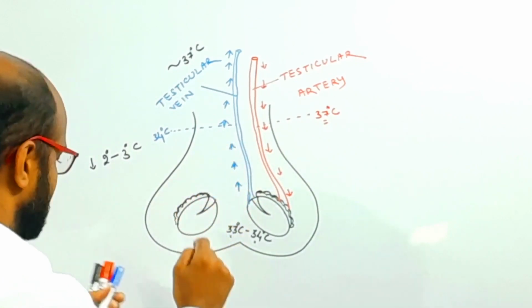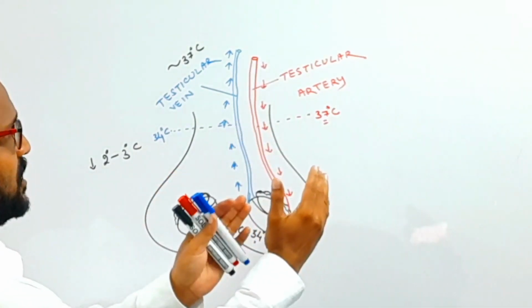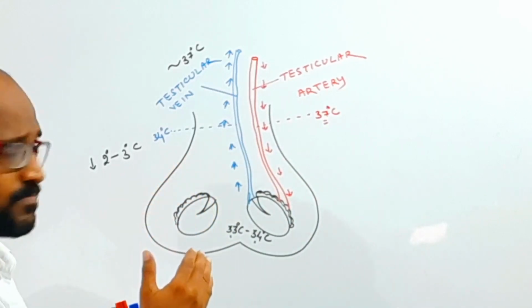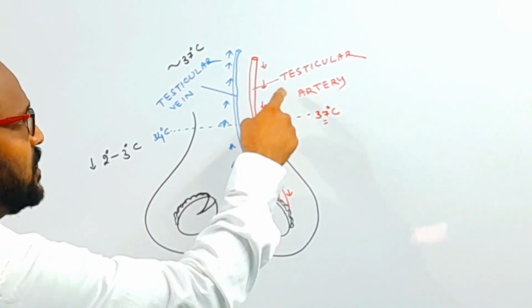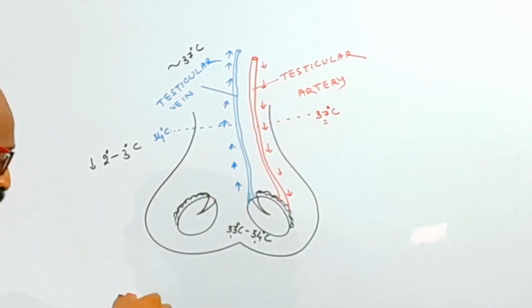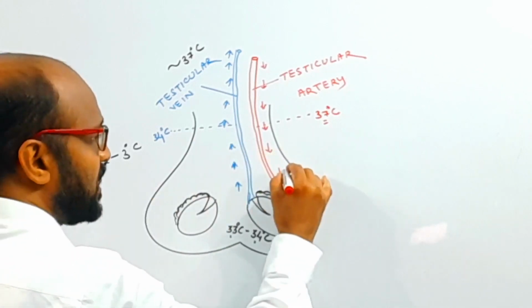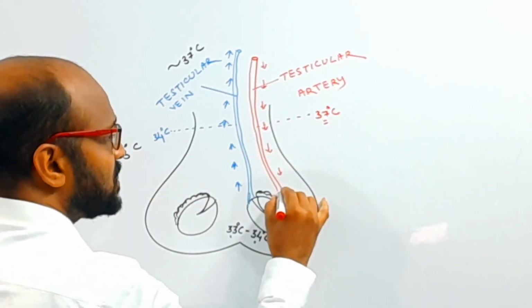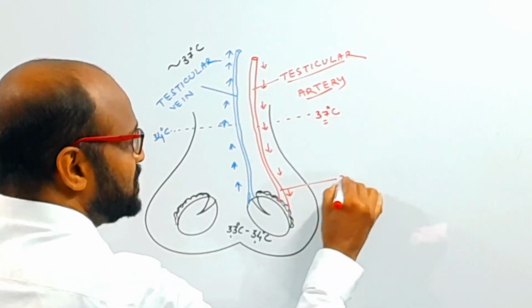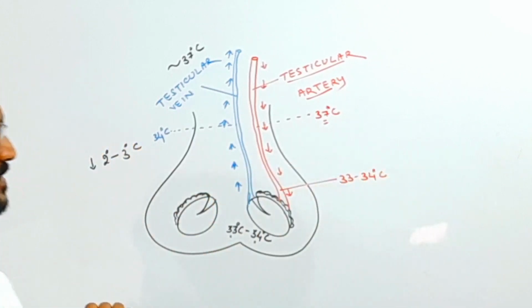So a mechanism has developed through which the temperature is absorbed by the cold blood, and the blood passing inside the testicular artery loses temperature, and ultimately the temperature of the testicular artery blood is reduced to 33 to 34 degrees centigrade.